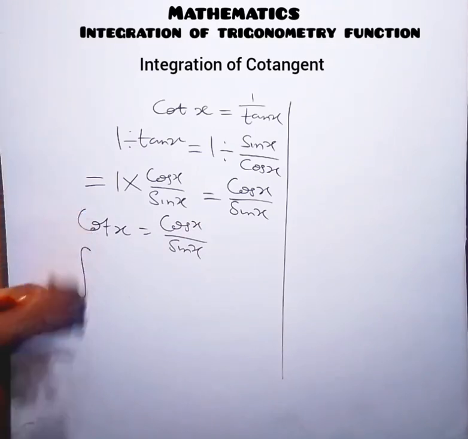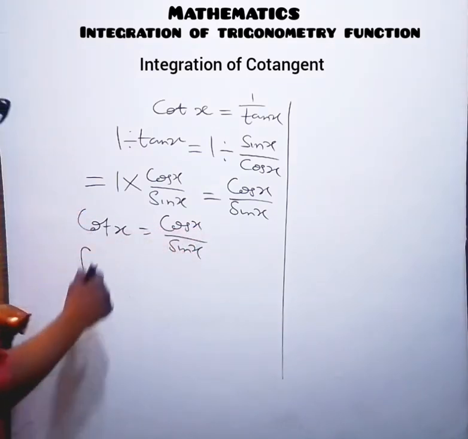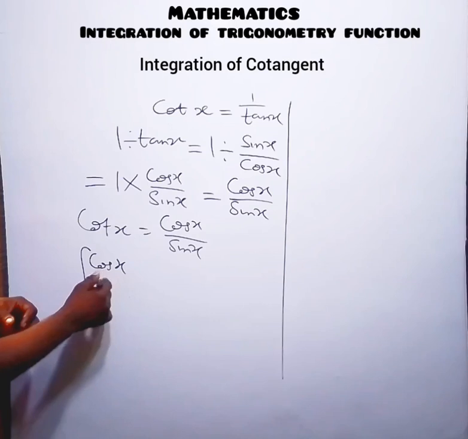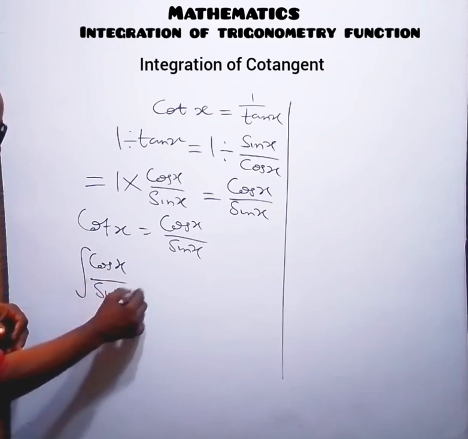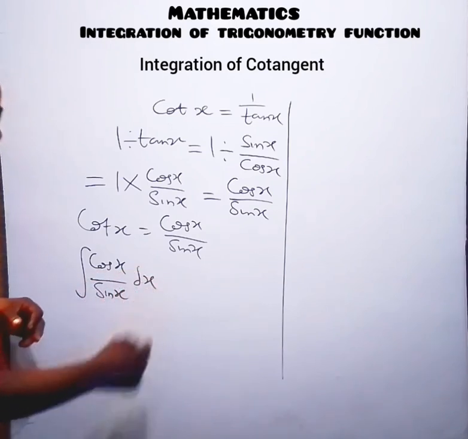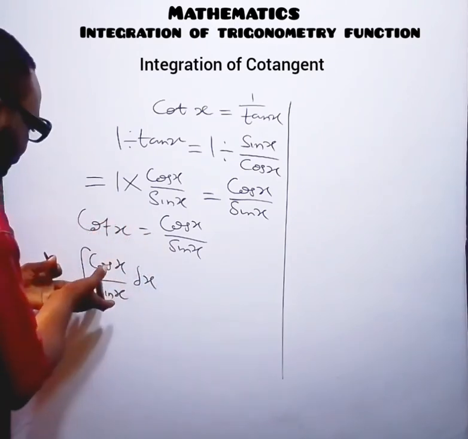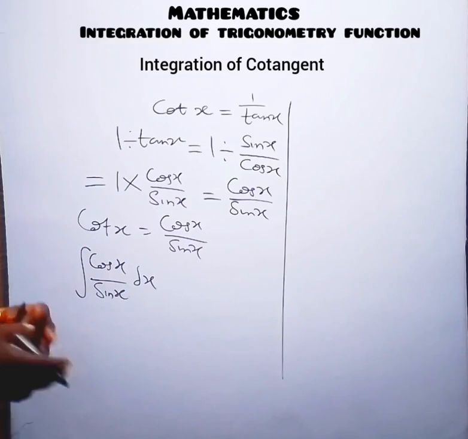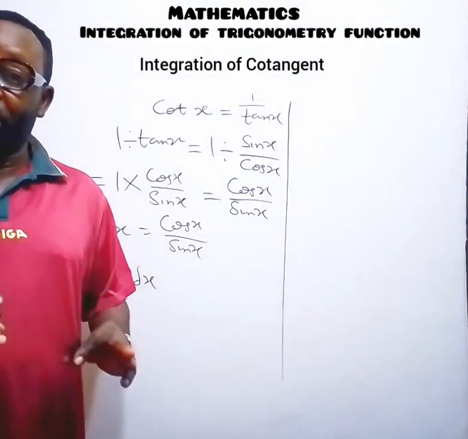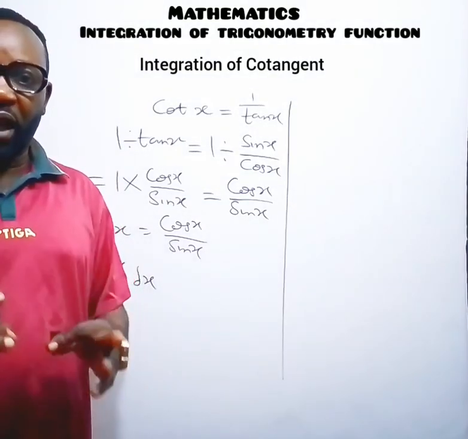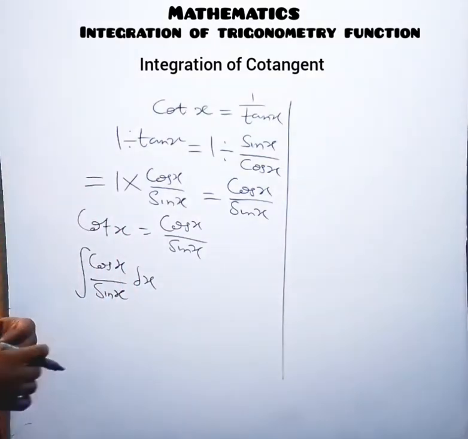Now, integrating this expression, cos x over sine x dx. As we did when we were dealing with the integration of tan x, we can do the same thing here.